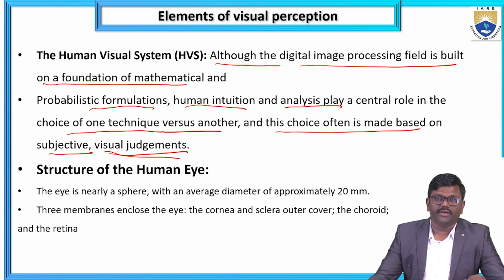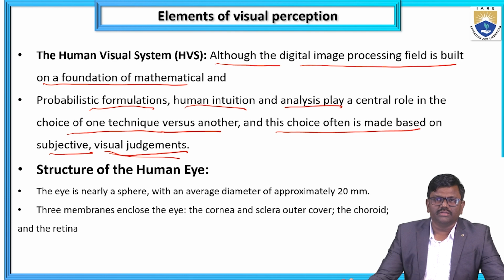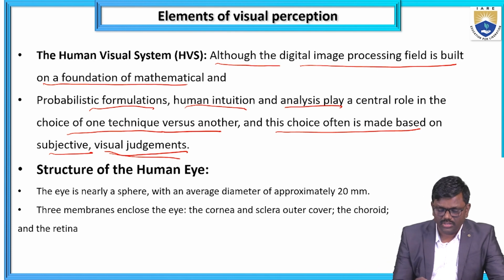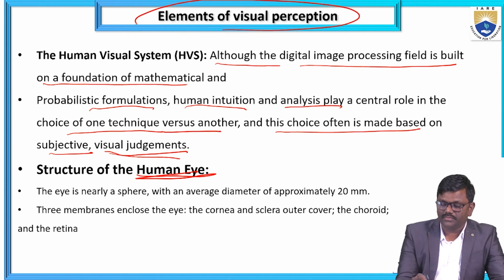Now, as an extension of the human visual system, we look at the structure of the human eye. The human eye is the main element in visual perception.